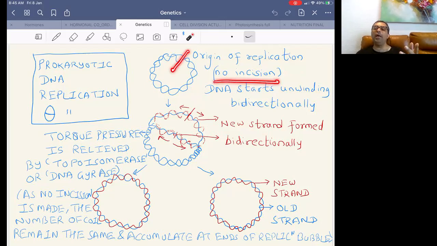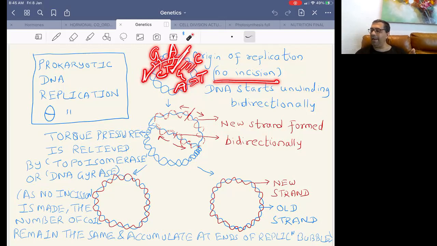So what will happen at the origin of replication? Here we have adenine pairs with thymine, guanine pairs with cytosine, cytosine pairs with guanine, thymine pairs with adenine. At the origin of replication, the enzyme called helicase will start breaking hydrogen bonds in both directions.